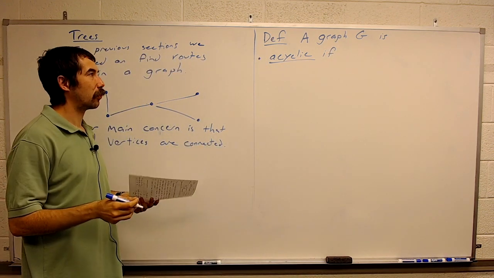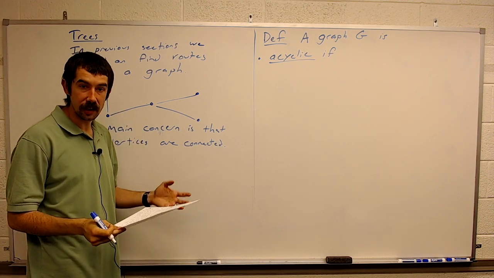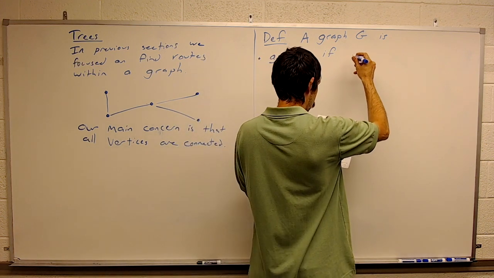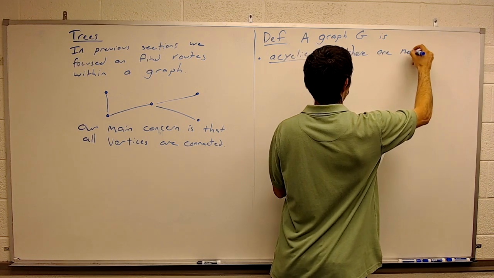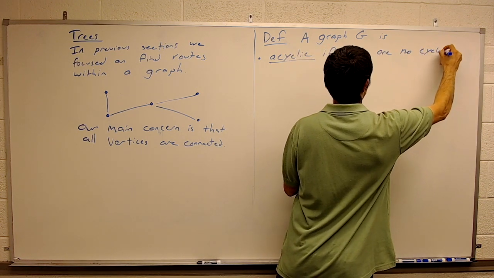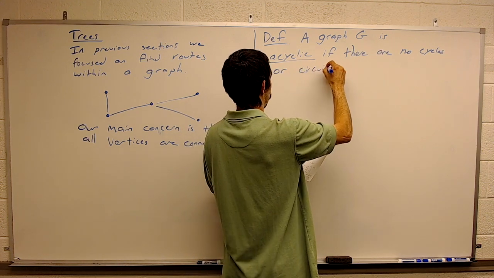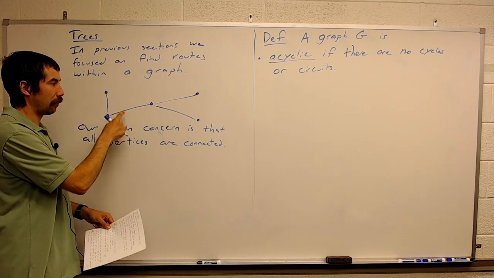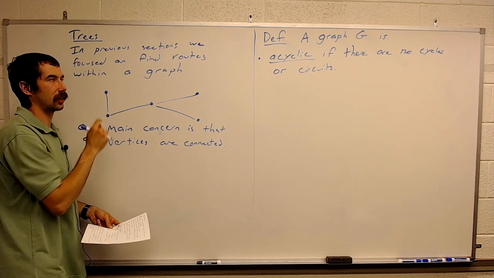What does it mean for a graph to be acyclic? It means that there are no cycles or circuits. All right, so this graph, you can't find a cycle or a circuit on it. So this is certainly acyclic.